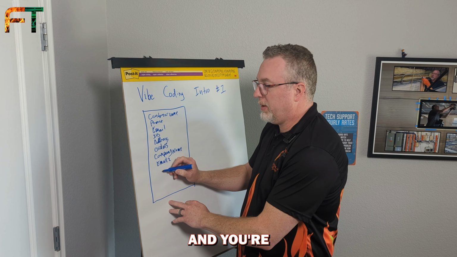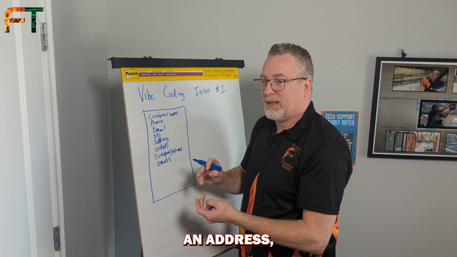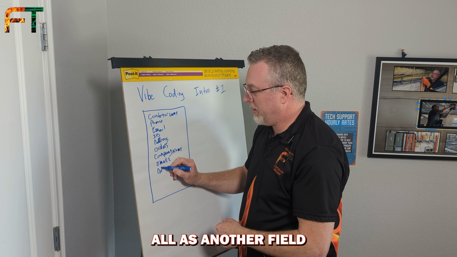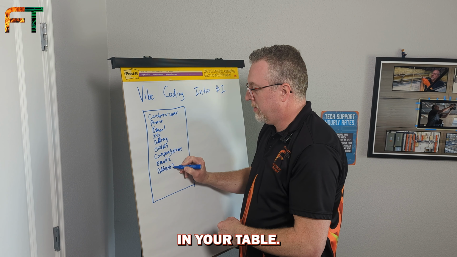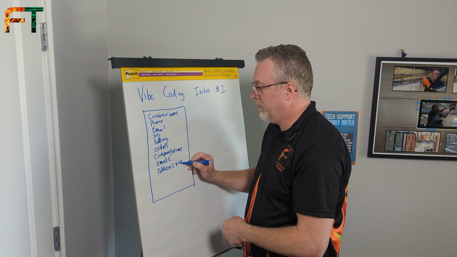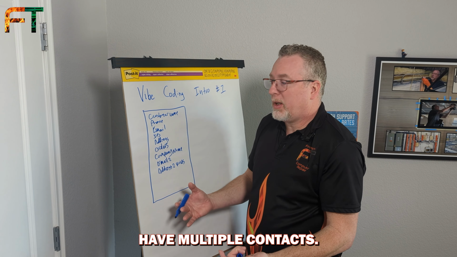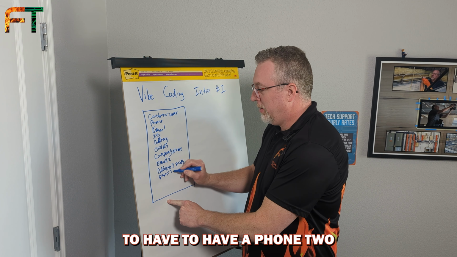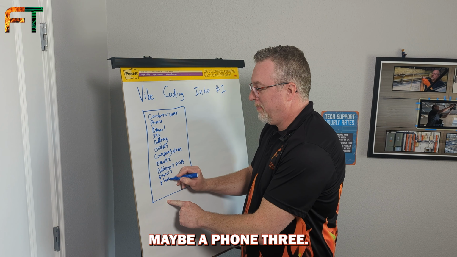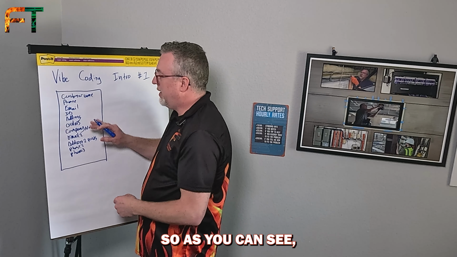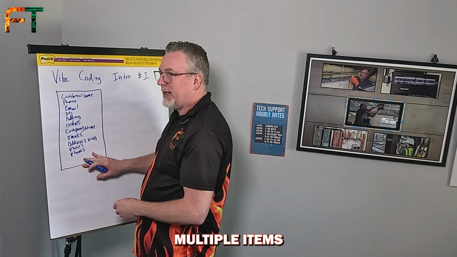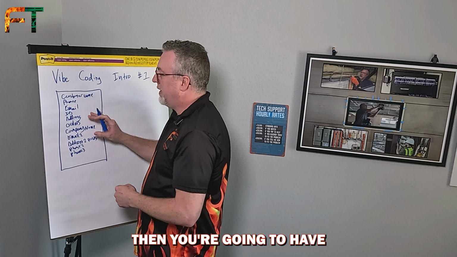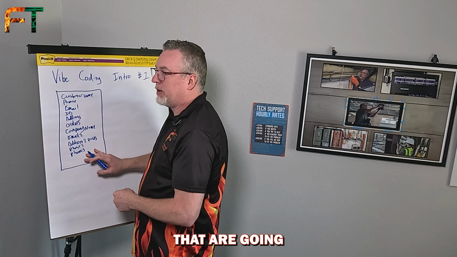If they have a second address, then you're going to have an address, city, state, and zip, all as another field in your table. Your customer might have multiple contacts. If you're going to do that, then you're going to have a phone 2, maybe a phone 3. So as you can see, if you've got all these multiple items and they're all stored in one storage place, in one table, then you're going to have all of these fields that are going to create problems.